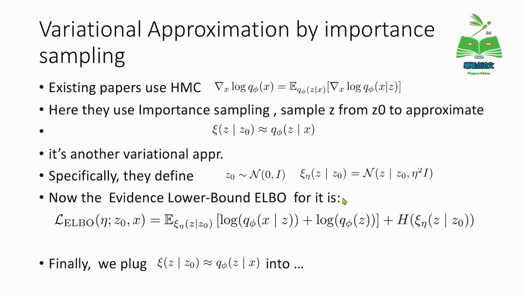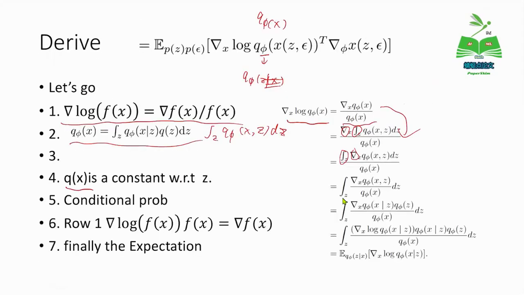Then we know q(x) is a constant with respect to z, so we can directly move it into the integration. After we move it into the integration, we can write it by the conditional probability.